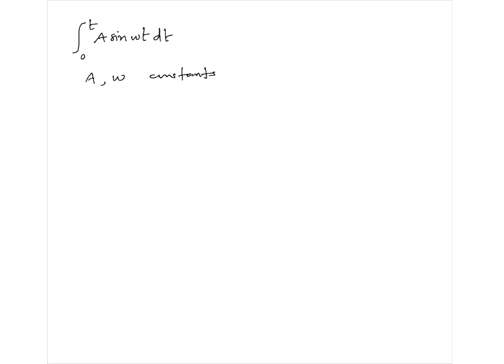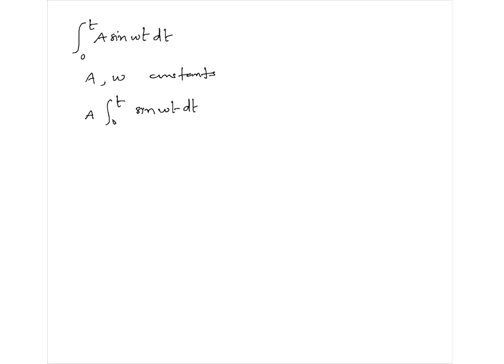Okay, here we go. First we take the constant out. So A is out. 0 to t sine omega t dt. Now clearly this variable is omega t, that variable is t, not allowed to use the formula directly.